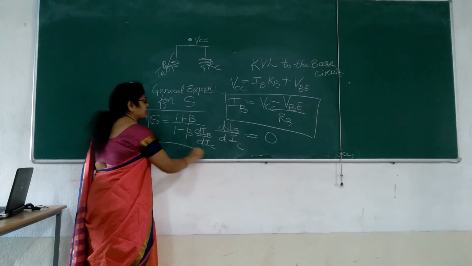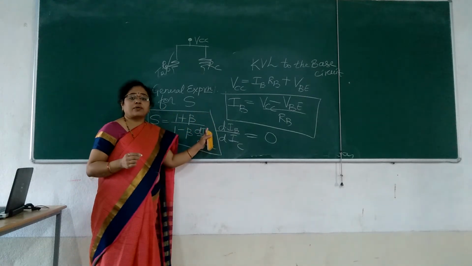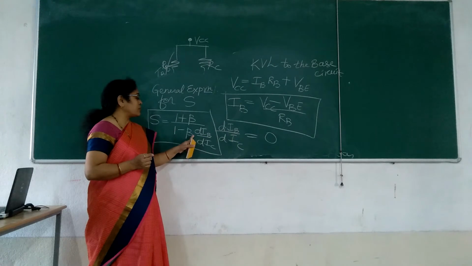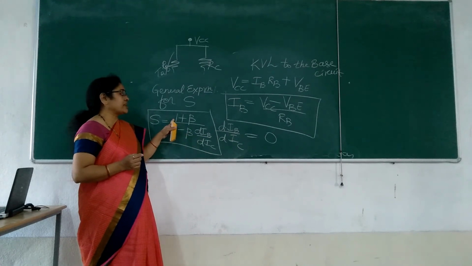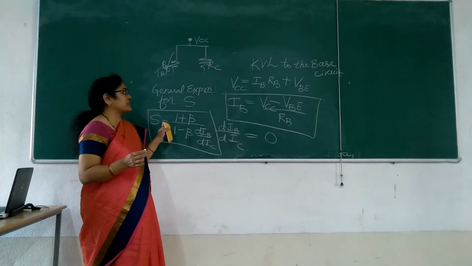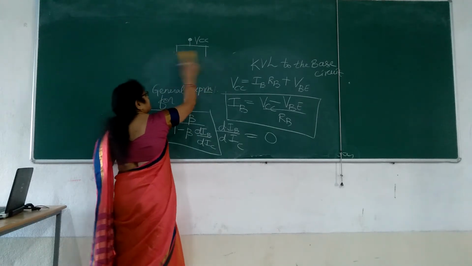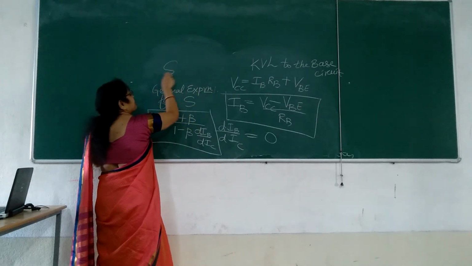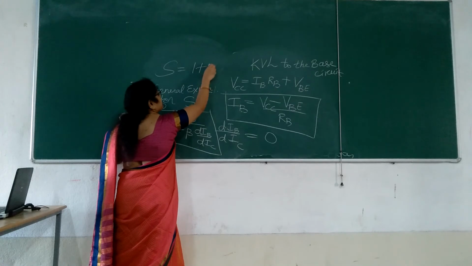Substituting dIB by dIC equals 0, we get the stability factor for the fixed bias circuit as 1 plus beta.